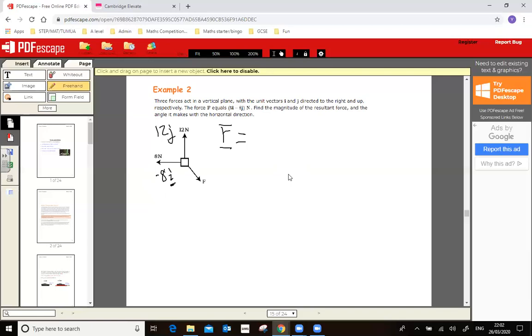Okay, so let's add them together. So let's add all those three forces together. So we have minus 8I plus 12J plus the final force here, which is given to us as 5I minus 8J.